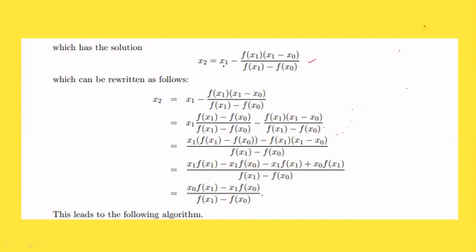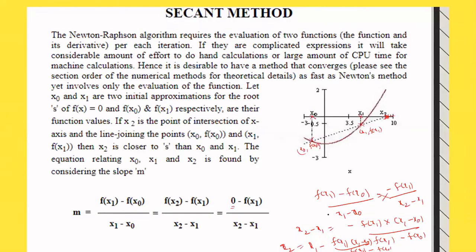So x2 is equal to x1 minus f(x1) into (x1 minus x0) by (f(x1) minus f(x0)). That is equation C, the same equation I have written.